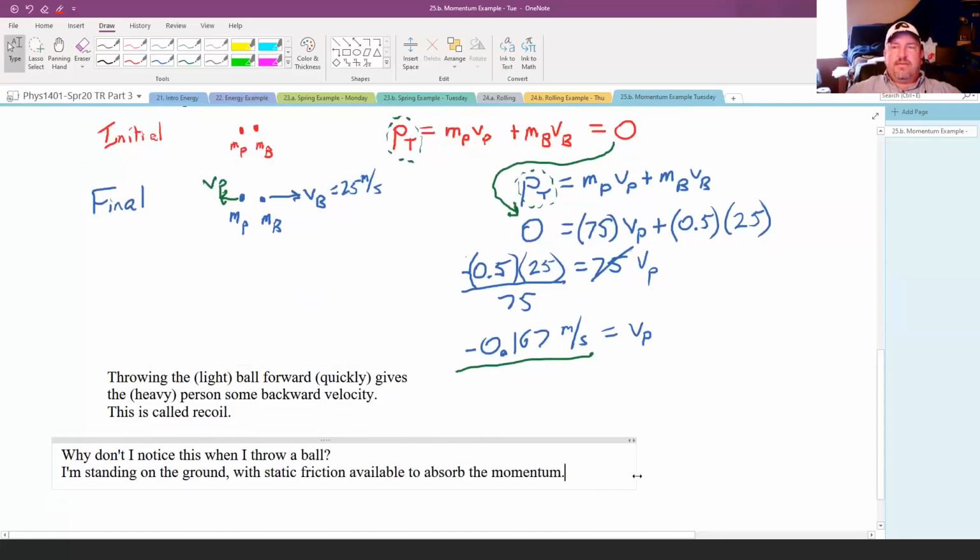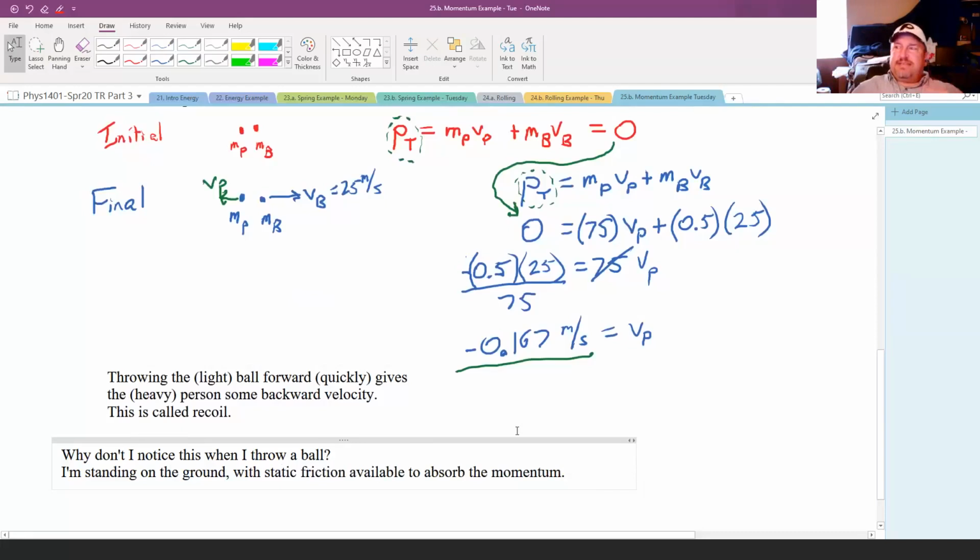So I throw the ball forward, so it exerts a force back on me. Instead of that backward force causing recoil, that backward force causes static friction to occur on the ground. And I push backward on the ground, and the ground pushes me forward. So the backward force from the ball and the forward force from the ground cancel each other out, and I can stand still and throw a ball.